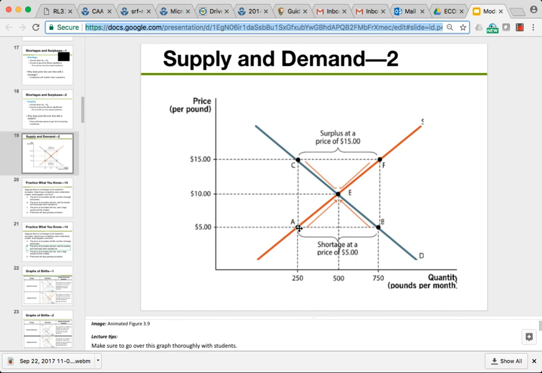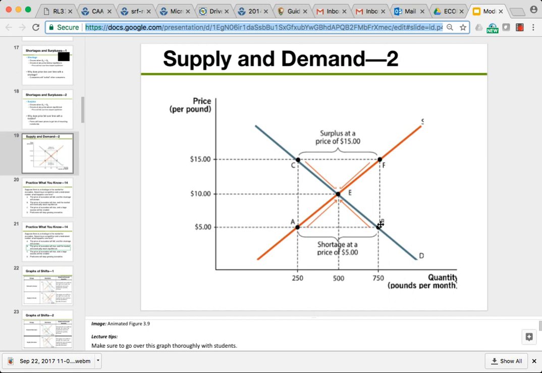Now, it's a shortage because we know if we take this $5 and we go all the way over to where it intersects demand at point B, that the quantity demanded is higher than the quantity supplied, in this case, 750.